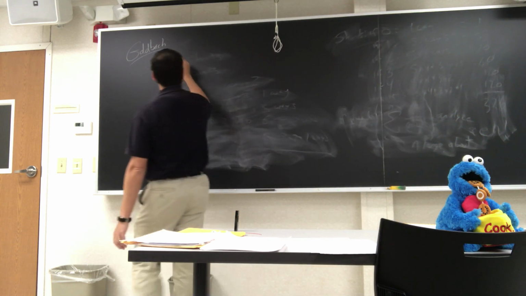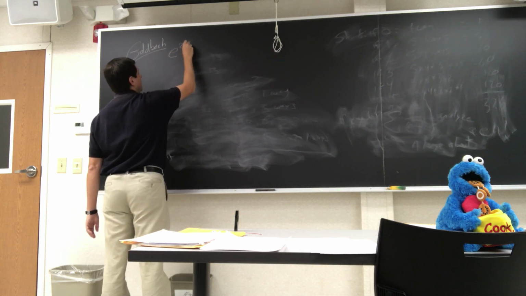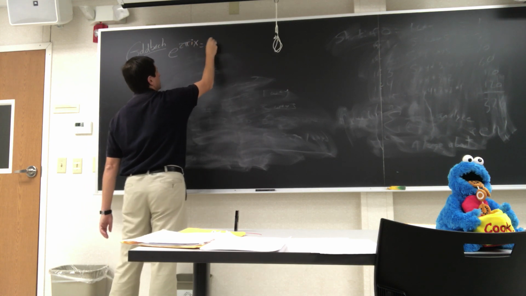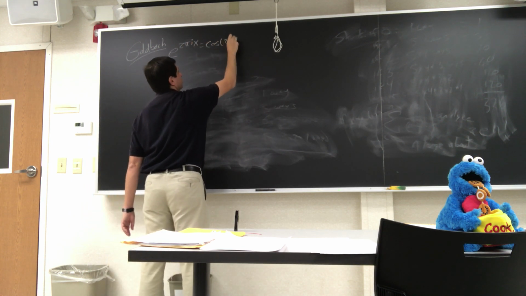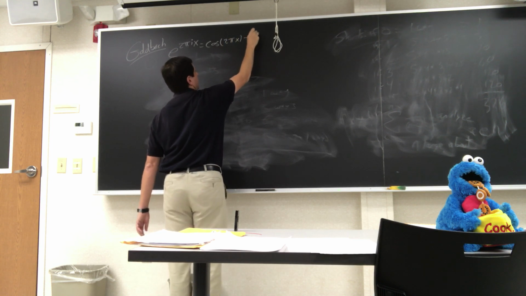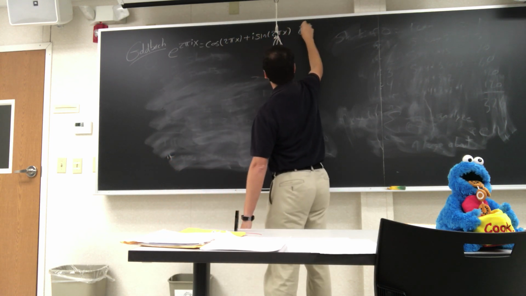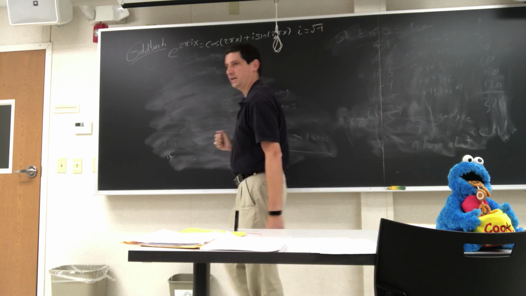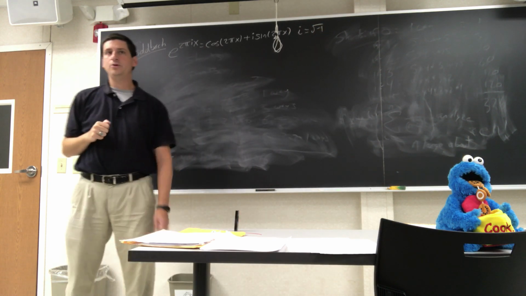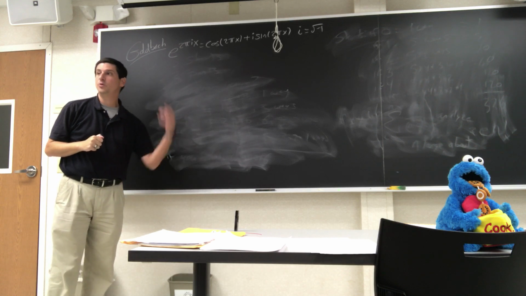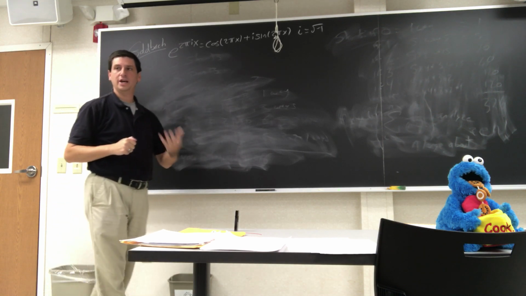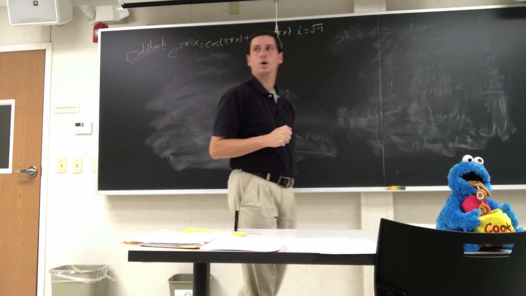So last time we talked about e to the 2 pi i x is cosine 2 pi x plus i sine 2 pi x, where i is the square root of -1. And we showed how you can get all the trig relations from knowing this and knowing that e to the x times e to the y is e to the x plus y.